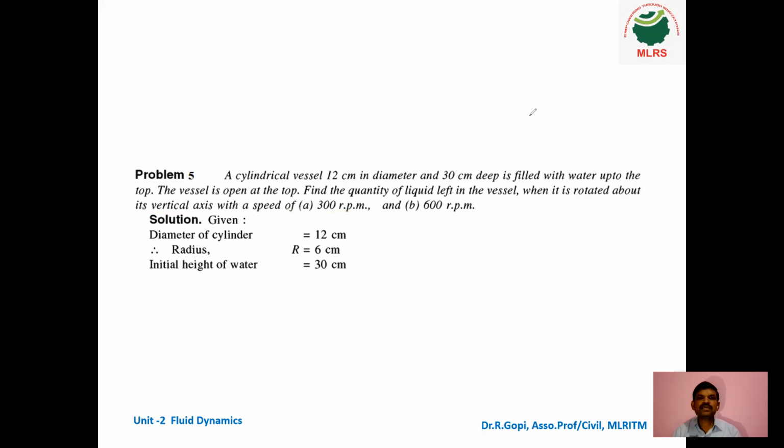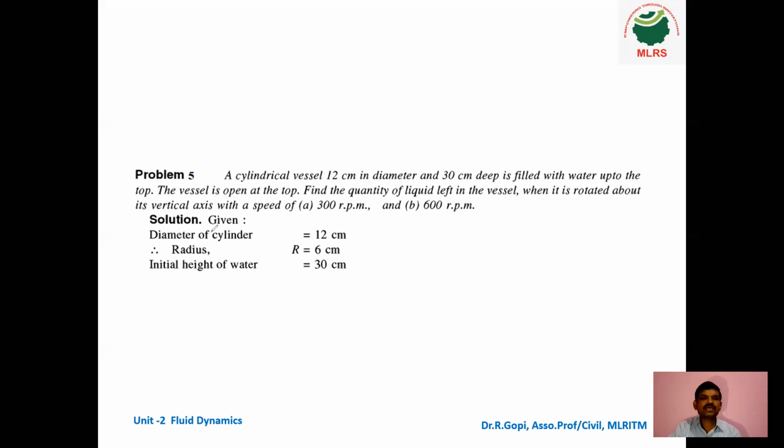So when the speed n value is 300 rpm, since the water level is up to the top, some of the water will spill out. There are two different speeds given. Under this condition, what is the quantity of the remaining water left in the container? So that is the question.